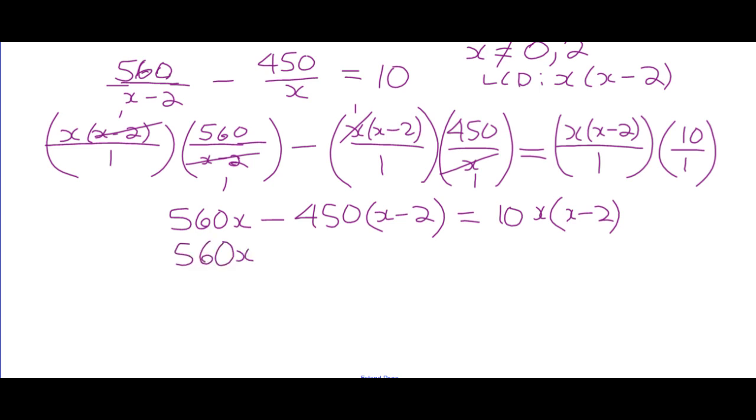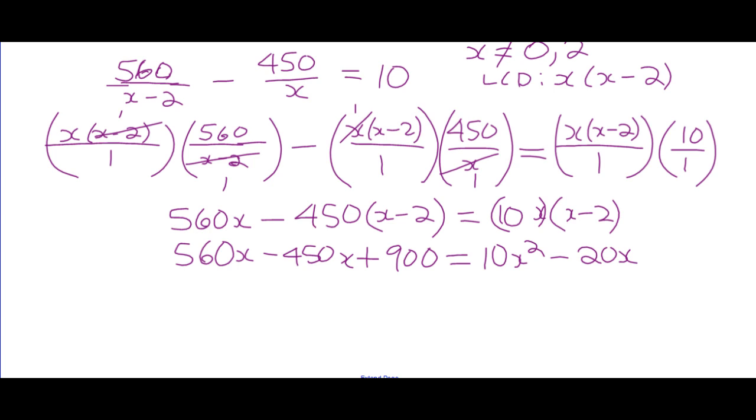So 560x. Watch your signs here. It's going to be minus 450x plus 900 equals, treating this as one number, 10x squared minus 20x.